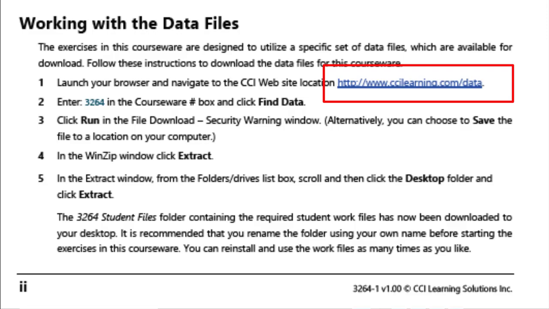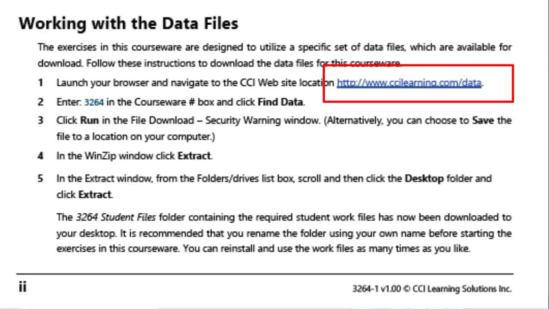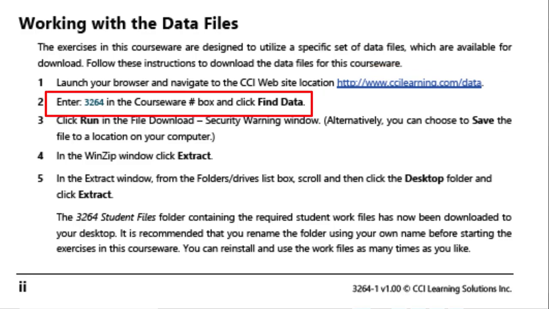I don't know everybody's skills, so if I tell you stuff you already know, bear with me. If you look at the beginning of the book, you'll see the code that you need. Also, if you look inside Roman numerals iii, 3264, and then you click on find data, a very important step, you're going to have a dialog box that pops up.